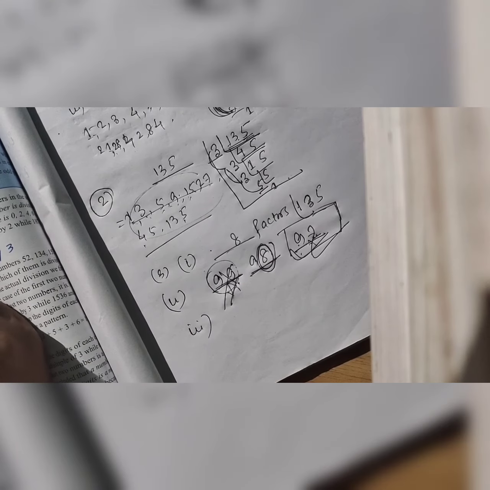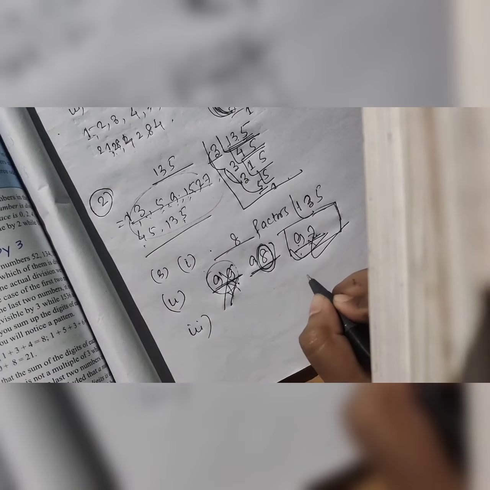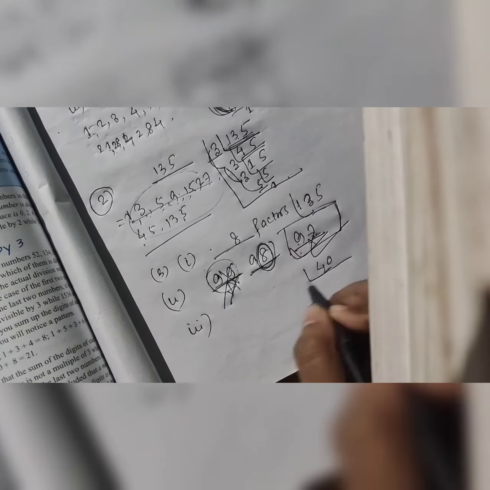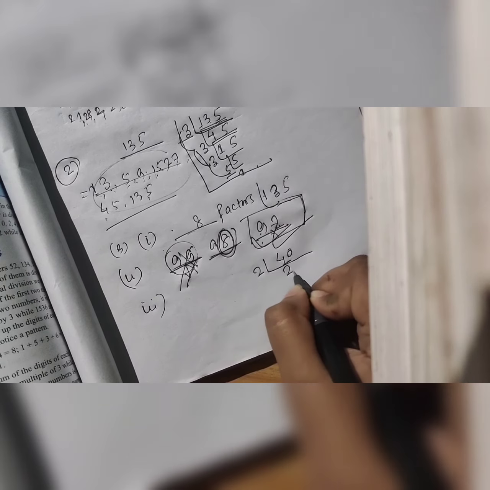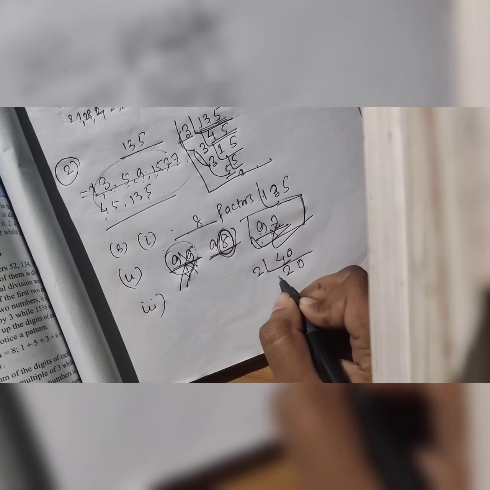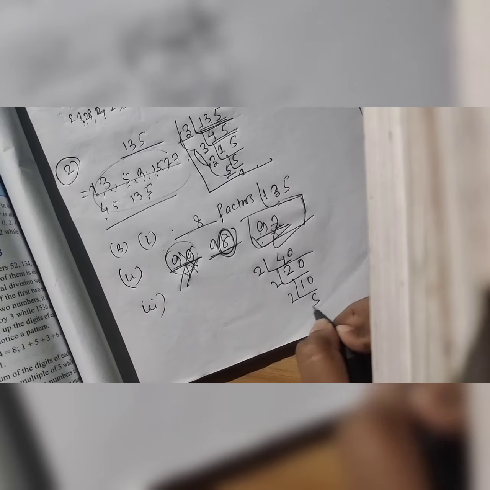So the next question is 3.3: 40 can be written as a product of prime numbers as. So we have to write 40 as a product of prime numbers. If we go to the factorization method, then we get 2, 20, 2, 10, 2, 5.